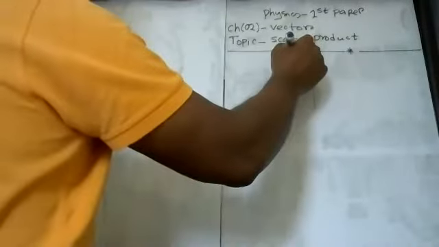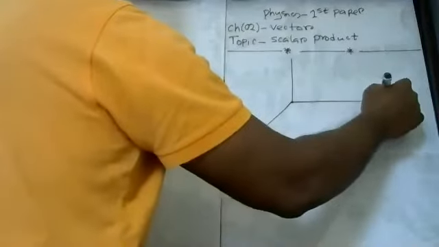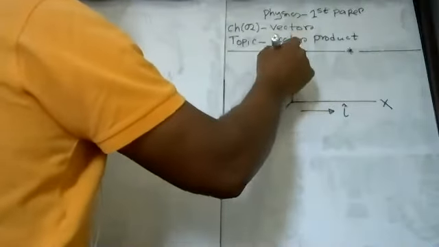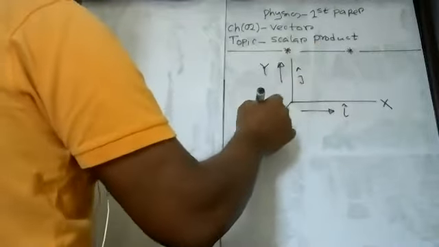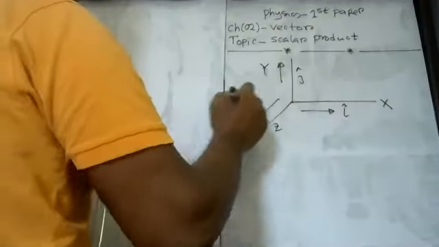Suppose we know that in the Cartesian coordinate system, in the case of rectangular unit vectors, unit vector i hat is acting along the x-axis, unit vector j hat is acting along the y-axis, and you already know that vector k hat is acting along the z-axis. Now, if I'm going to solve a mathematical problem, let's say I want to multiply i hat dot i hat.